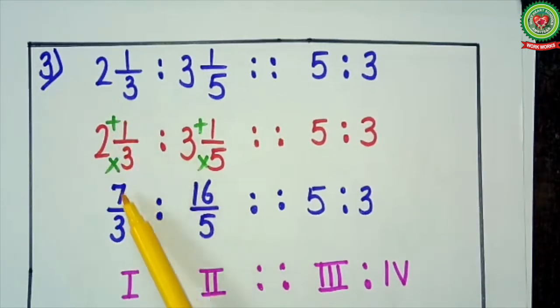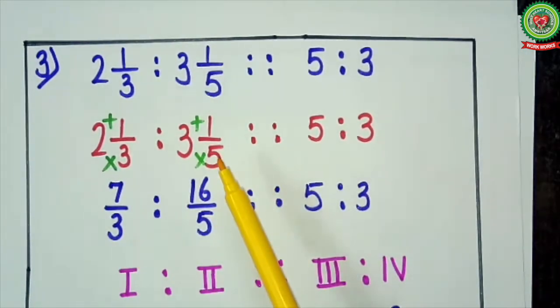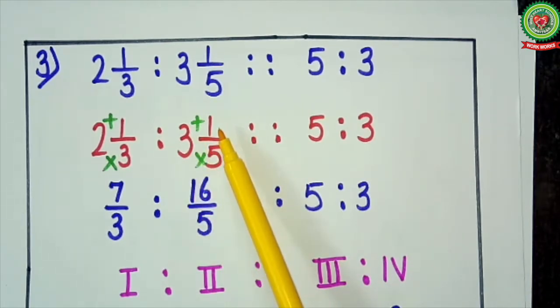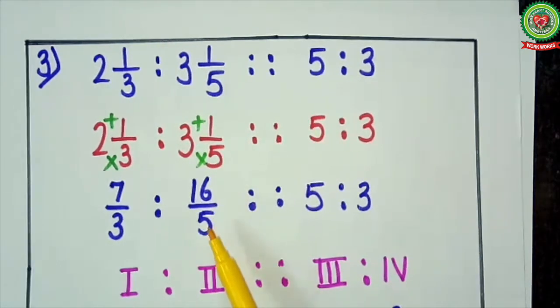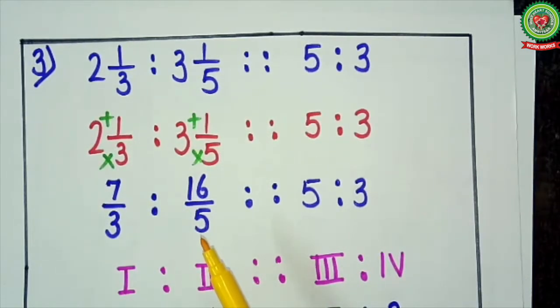So here it will come 7 upon 3. Next, 5 3s are 15, 15 plus 1, it will come 16. Now here we will write 16 upon 5. Now we have changed mixed fractions into improper fractions.